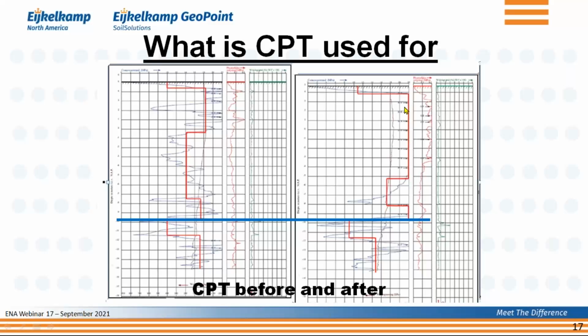And it basically means that with this pile, you basically compacted the soil pretty much to this level. This blue line indicates the bottom of the pile, and below that, obviously, there was no compaction, but above that, there was quite a bit of compaction. So CPT is a great way of really performing quality control or establishing what the impact was of compaction.